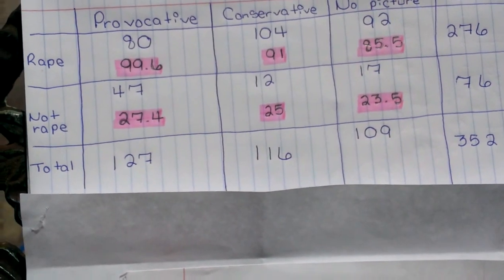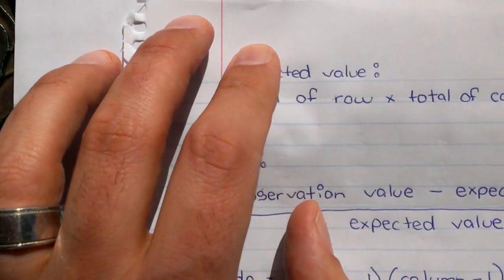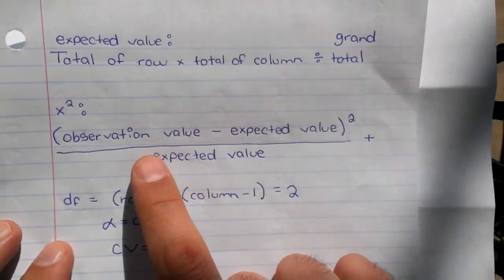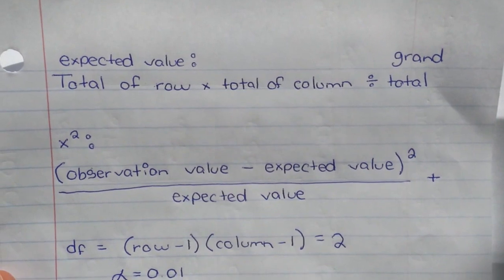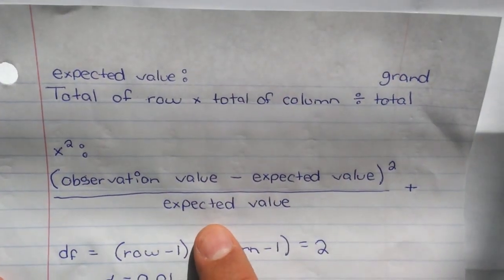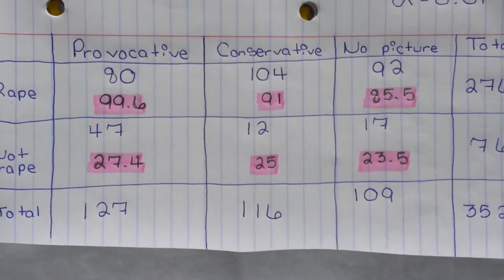All right, once we calculate our expected values, we can now calculate our chi-square statistic. So our chi-square statistic is going to use this formula. We are going to take the observation value minus the expected value, square that, and divide it by our expected value, and we will do that for every group category in the table.